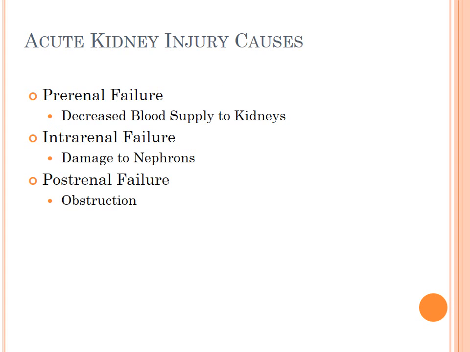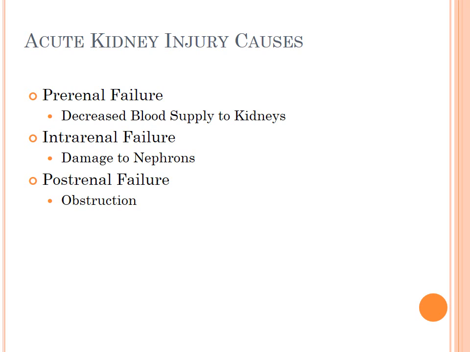So when we talk about acute kidney injury, we will talk about its causes being pre-renal, intrarenal, or post-renal, remembering that it's in relationship to whether the cause came from before it got to the kidney, inside the kidney, or outside of the kidney.